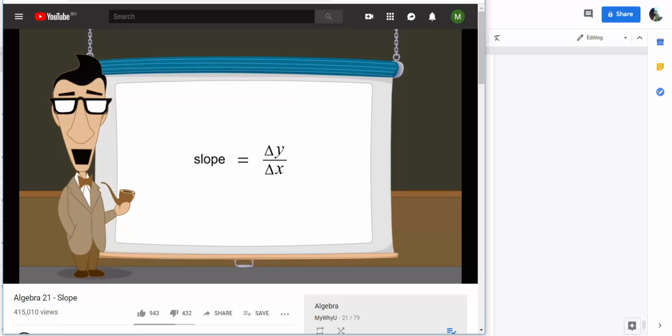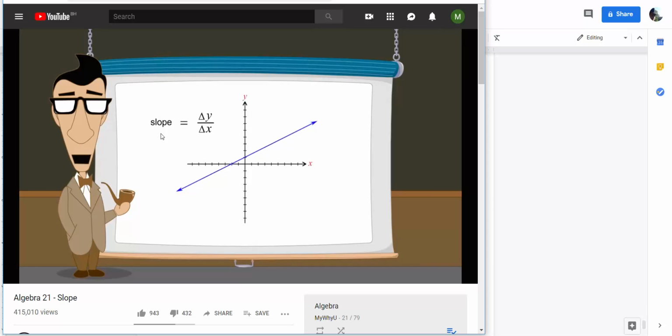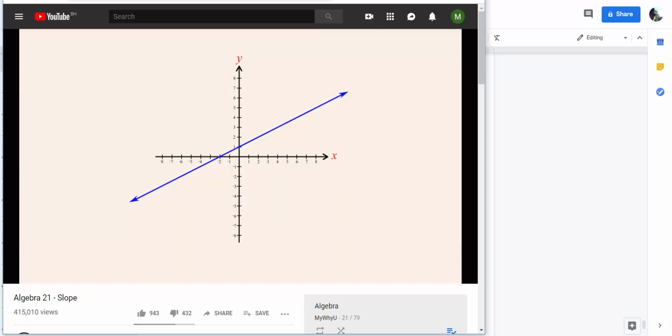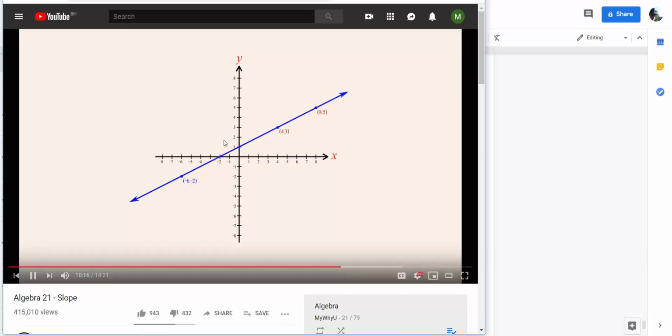As an example, let's try calculating the slope for a line using several different pairs of points. Let's say that we know of 3 points which fall on this line. The points with coordinates 8, 5, 4, 3, and negative 6, negative 2. We will start by calculating the slope using the points 8, 5, and 4, 3.